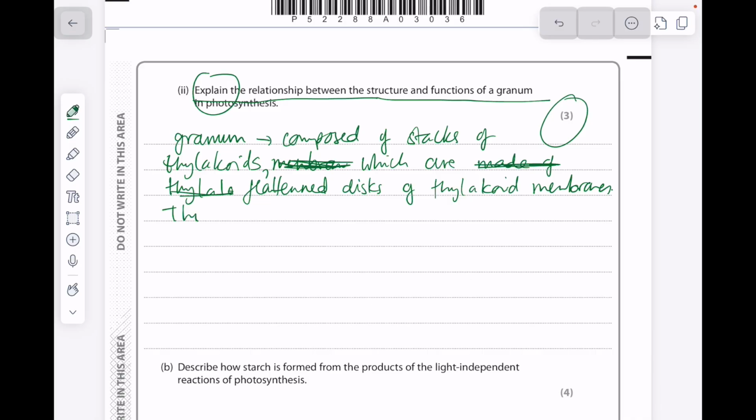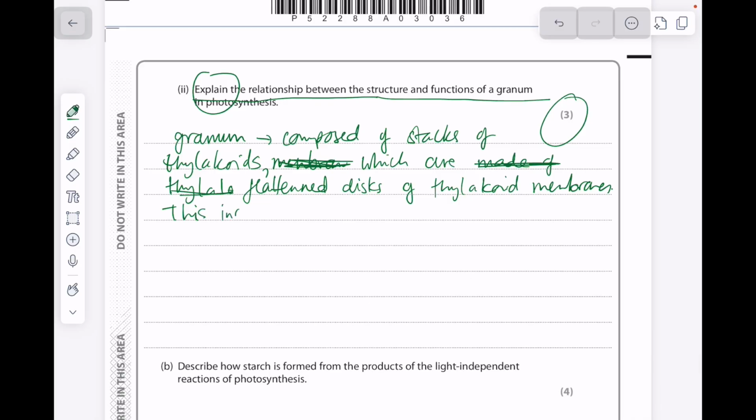So I think for every structural thing that I say, I want to say what role it has. So stacks of thylakoids, which are flattened disks of thylakoid membranes, this increases surface area, okay? This increases surface area for photosynthesis. Maybe too simplistic. Okay.